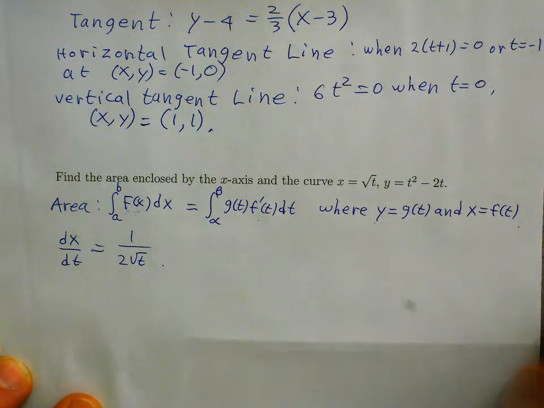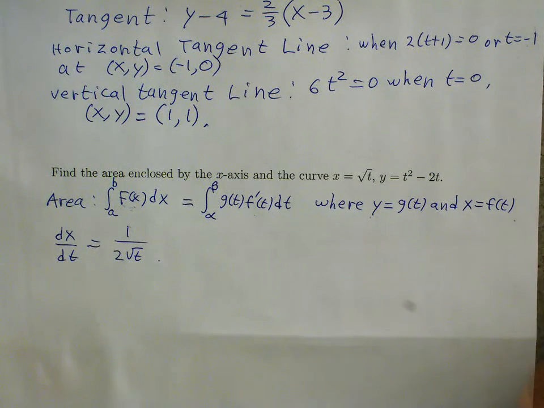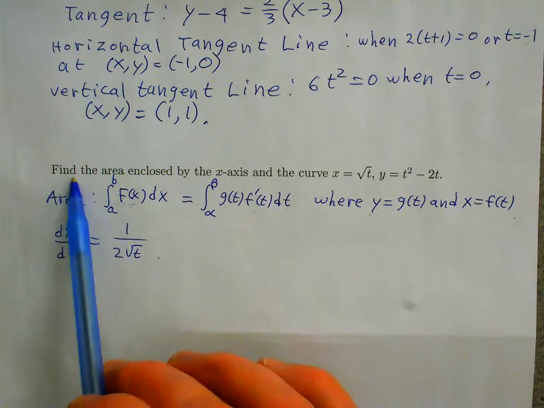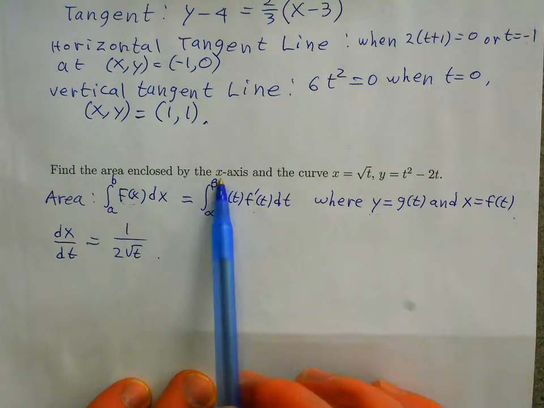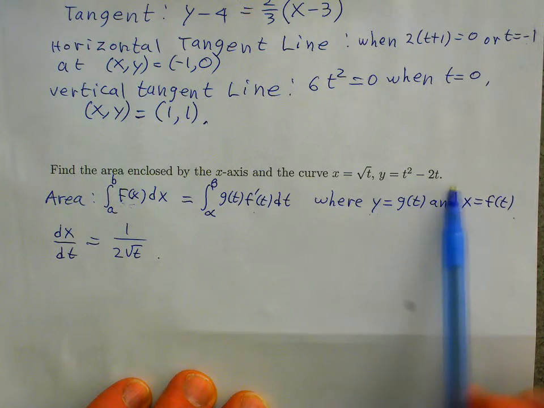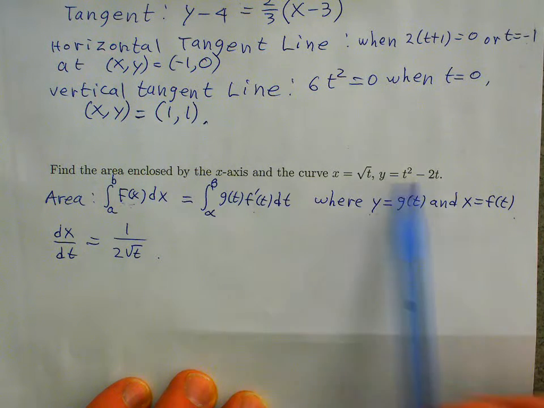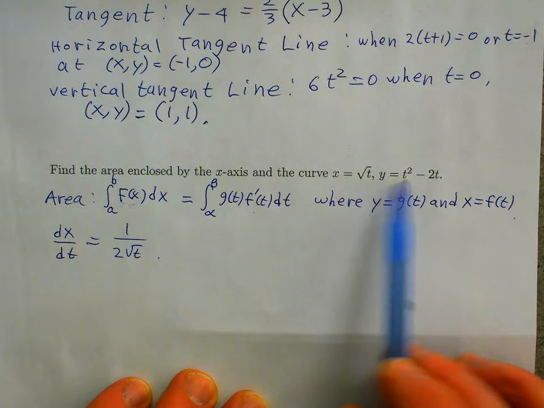What else do we need to know? How do we find the limits of integration for the transformed integral? If the area is enclosed by the x-axis and the curve, then we want to find the t values that make y 0.